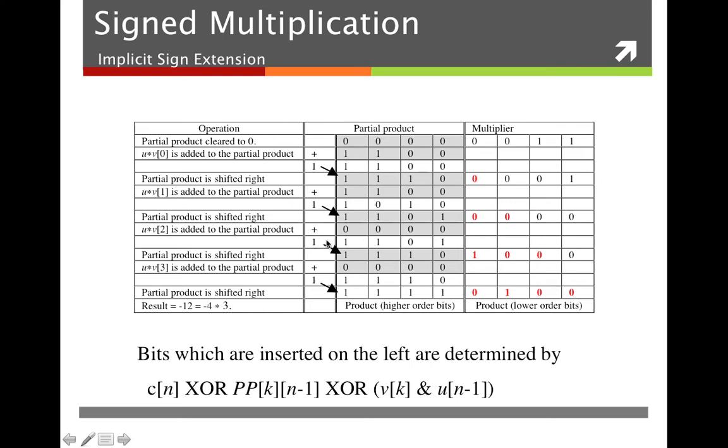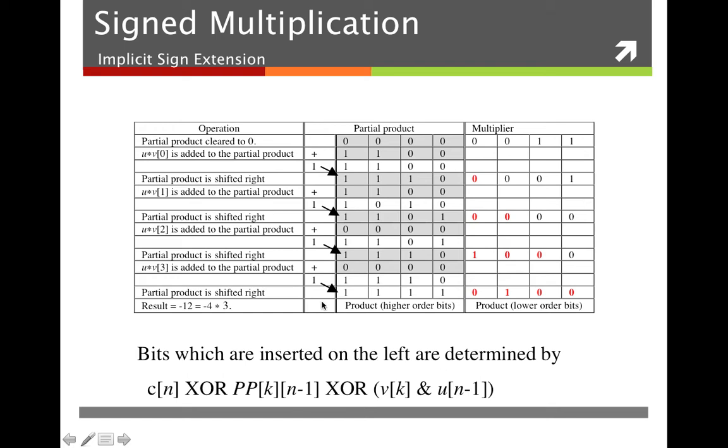The same process repeats over and over again until we finish this multiplication, which in this case should give us 3 times minus 4, and that is minus 12, which is what this number should be if you just take the complementary bits and add a 1. That's what you should get. In general, this is the formula that represents this operation that I mentioned to you.